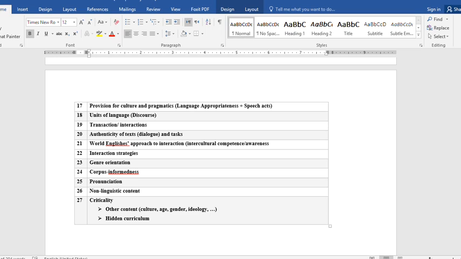Interaction strategies. So knowing language is not enough if you want to have successful communication, if you want to meet our needs and purposes. In addition to language, we should be familiar with the strategies of communication.